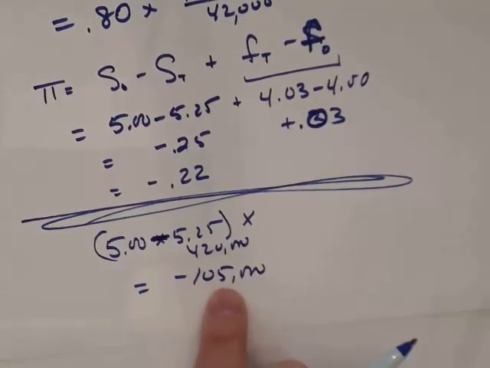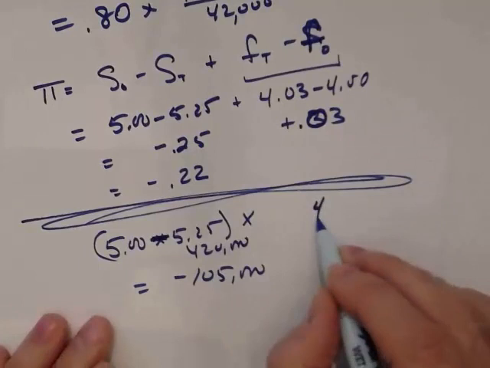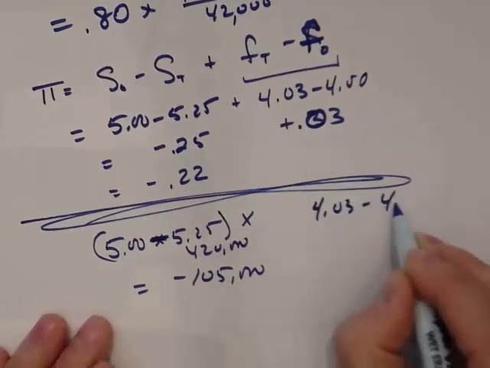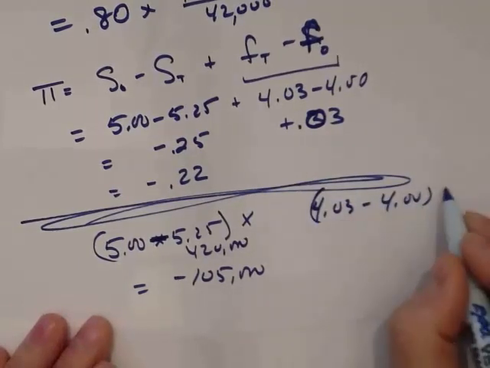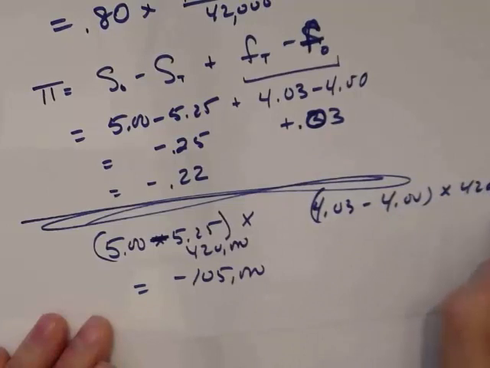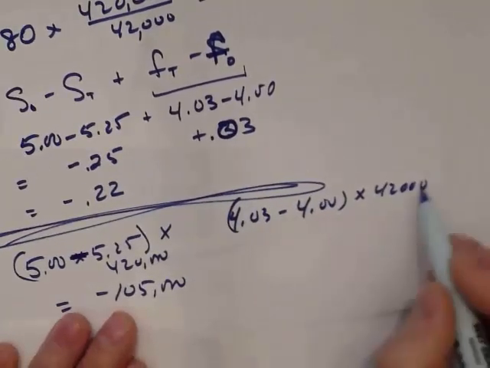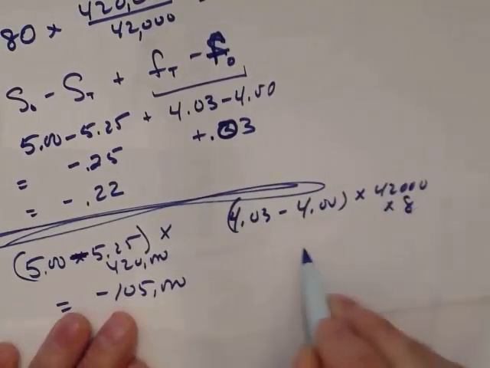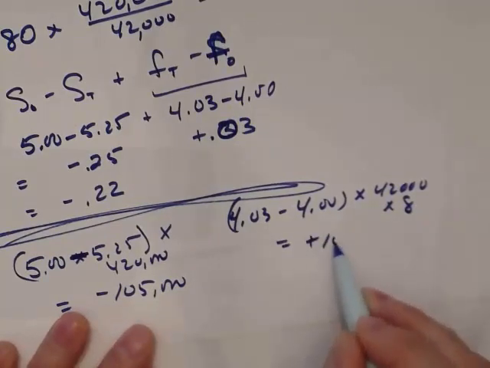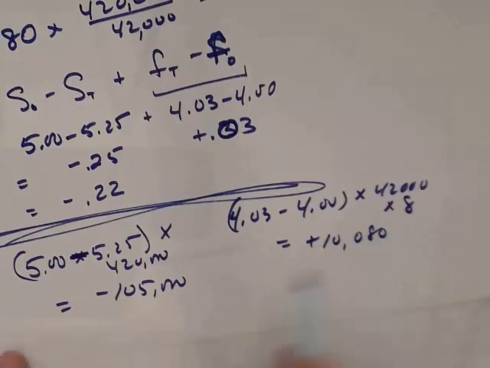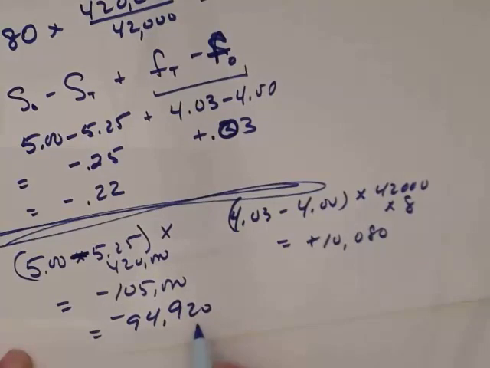We gain 3 cents times the 42,000 gallons per contract times 8 contracts, and that equals plus 10,080. So we gain 10,000. So overall, we lose 94,920. That's the crux of the situation.